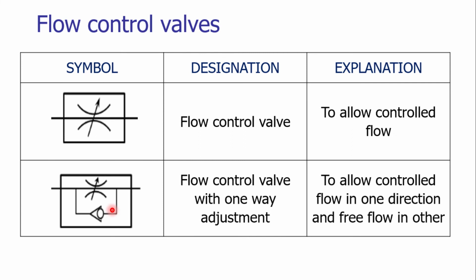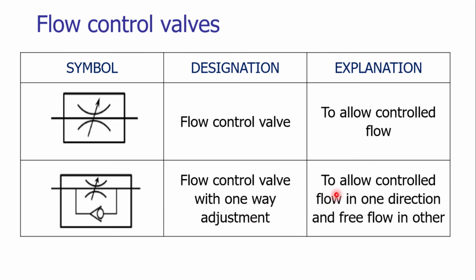The flow control valve with one-way adjustment can be shown by using the diagram on your screen. Here we have 2 arcs which are represented in this way and an arrow, and there is a check valve. So what is the meaning of with one-way adjustment?